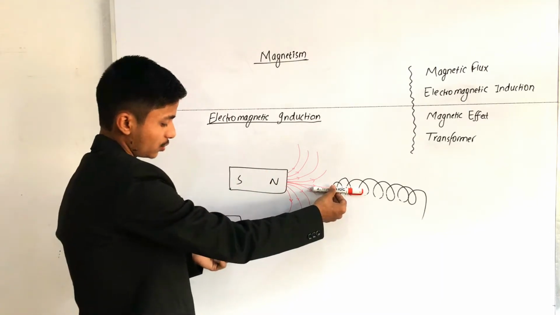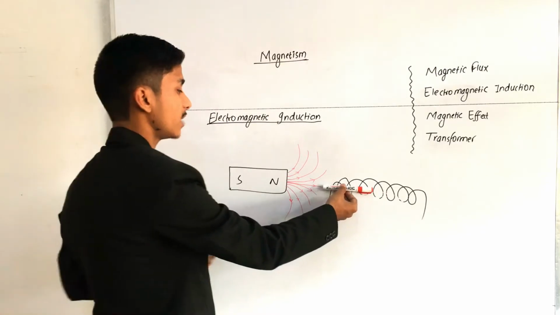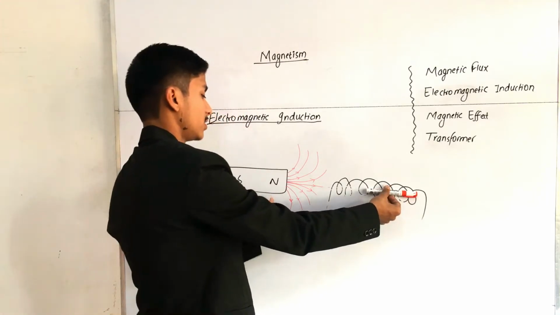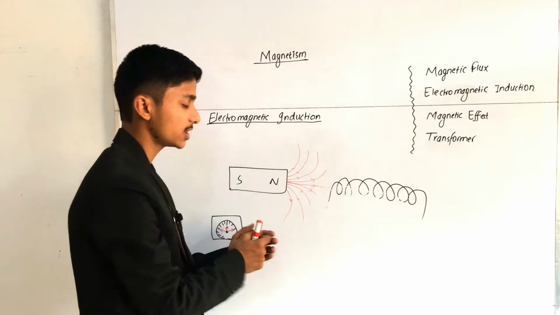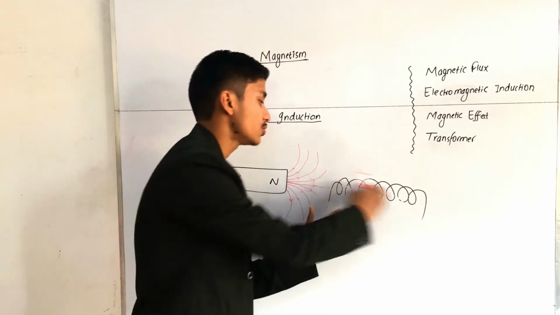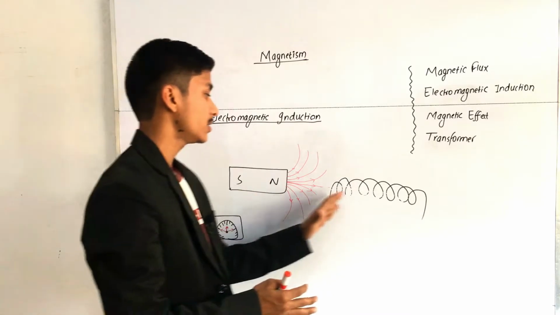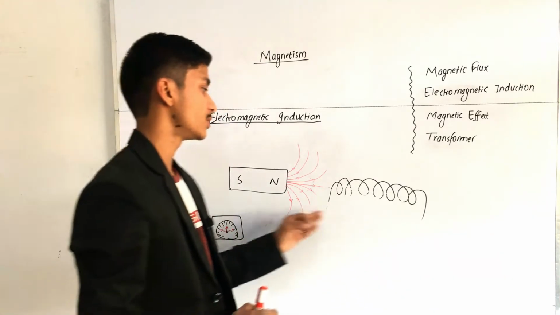So it shows on this side, it shows increasing. And when this coil is moved away from the magnet, then it goes in the negative direction. Electric current is induced in this coil due to this phenomenon. And when the coil is at rest, then no electric current is induced in it.